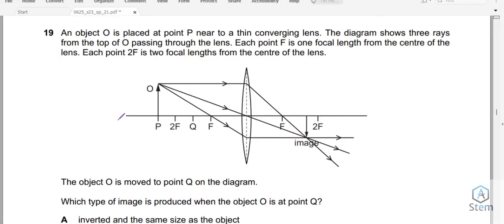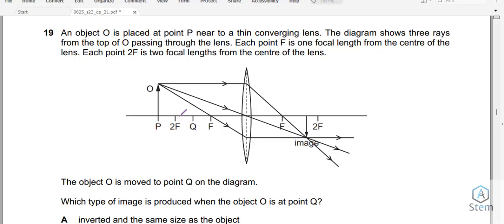An object O is placed at point P near to a thin converging lens. The diagram shows 3 rays from the top of O passing through the lens. Each point F is one focal length from the center of the lens. Each point 2F is two focal lengths from the center of the lens.